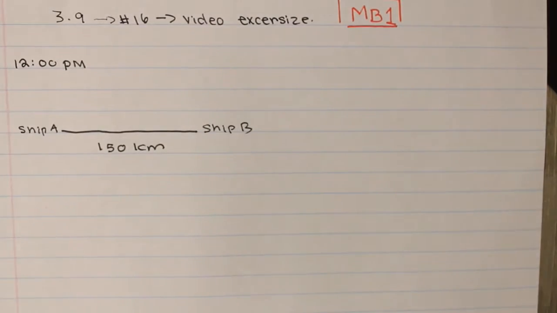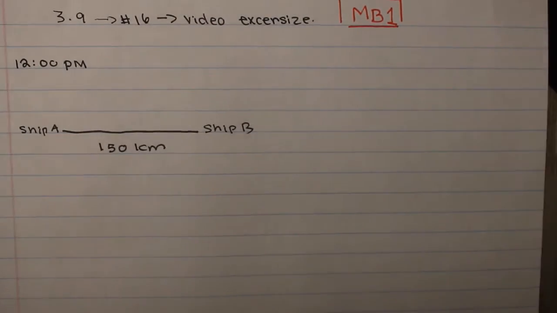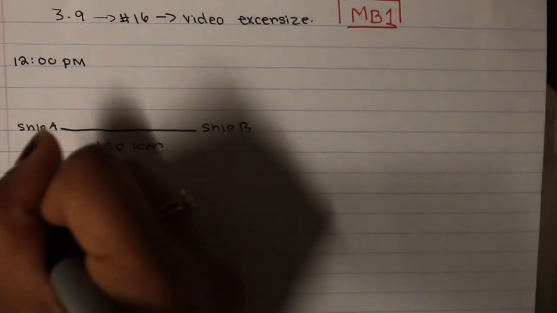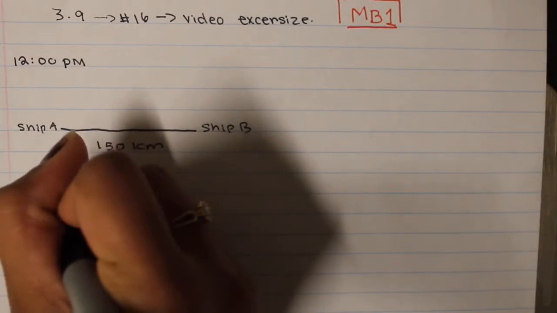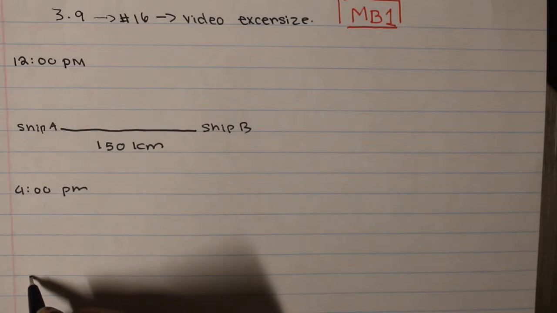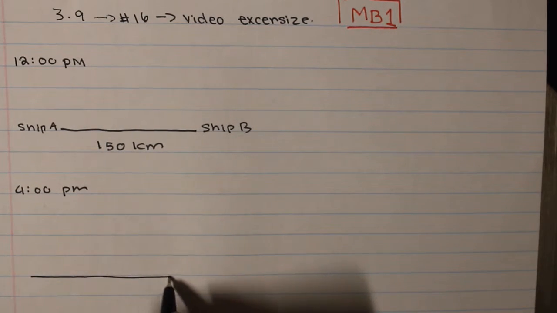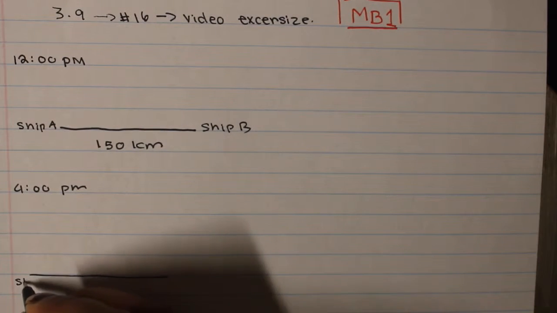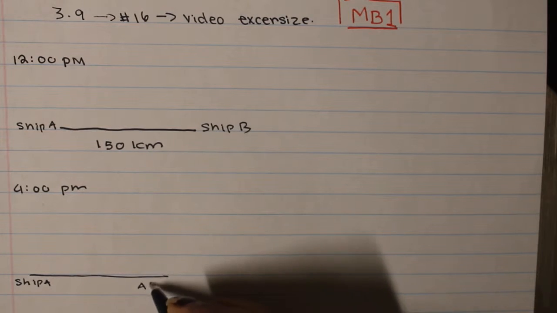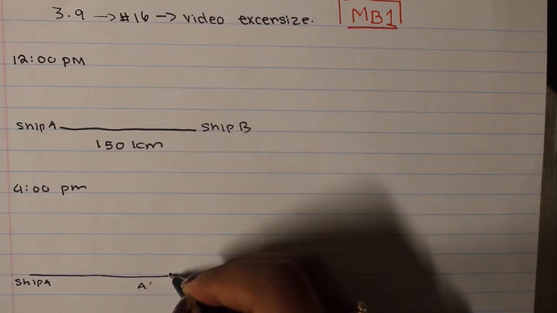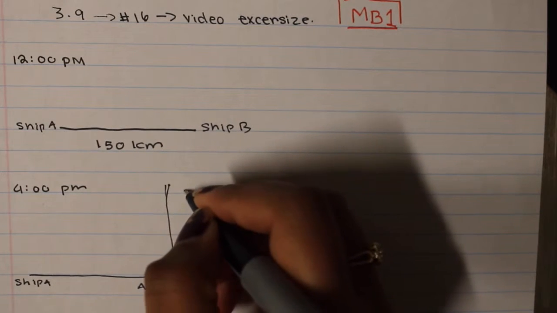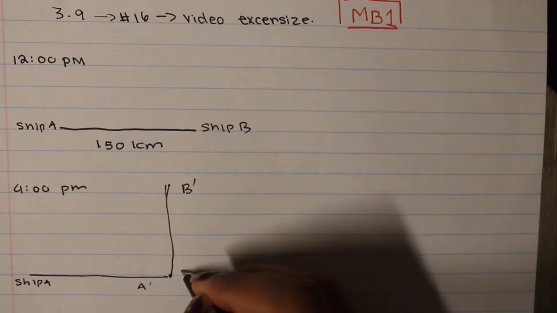Then you would want to find out where the ships would be at 4 p.m. So at 4 p.m., ship A, which was initially here, would be somewhere around here, and ship B, which was originally here, would go somewhere around here, and this is where it was.